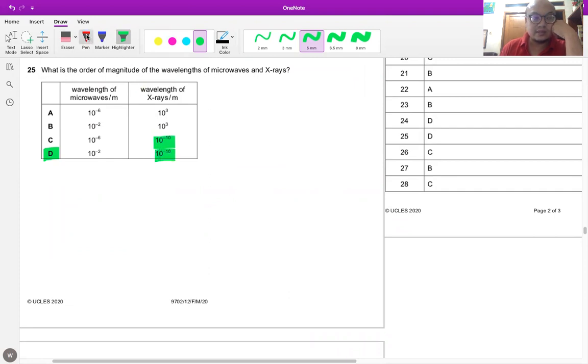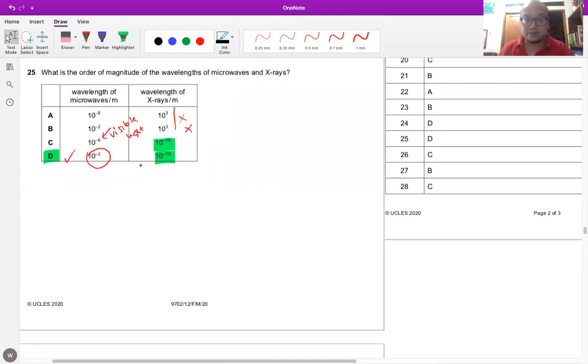I think this option is not correct, it is too big. The wavelength of microwave is about this one, because this other one is like visible light, so it's correct.